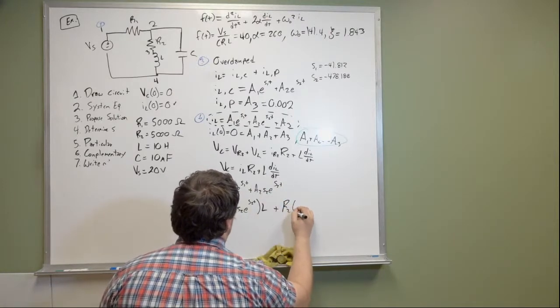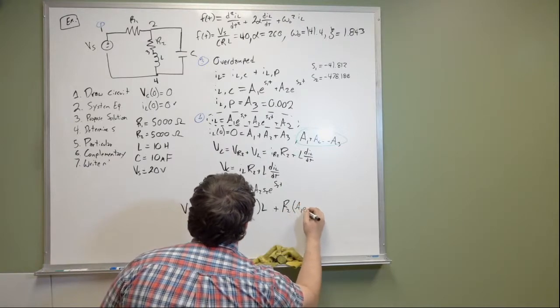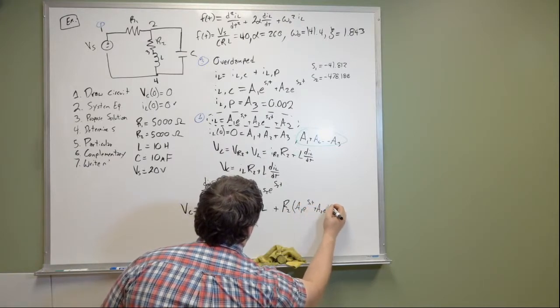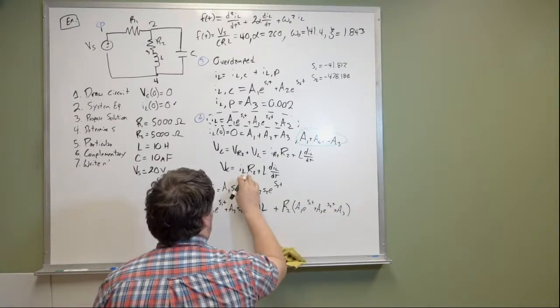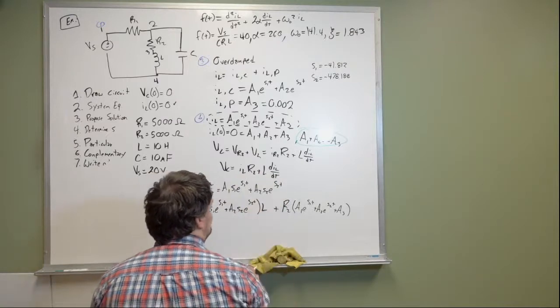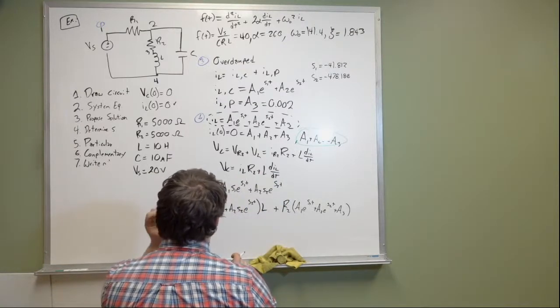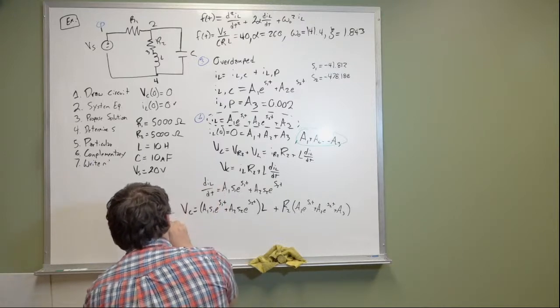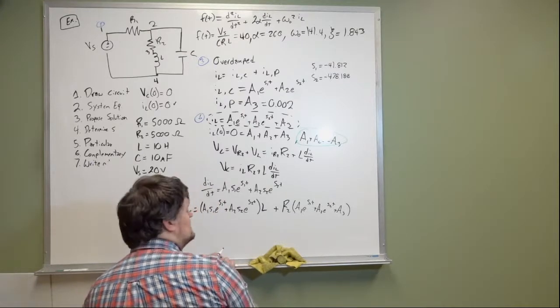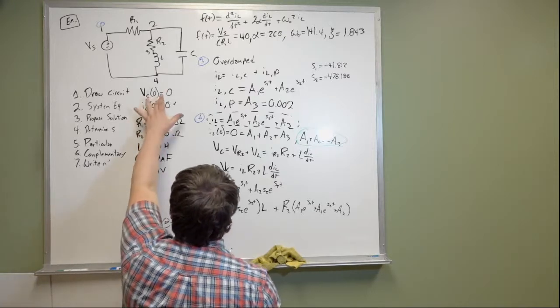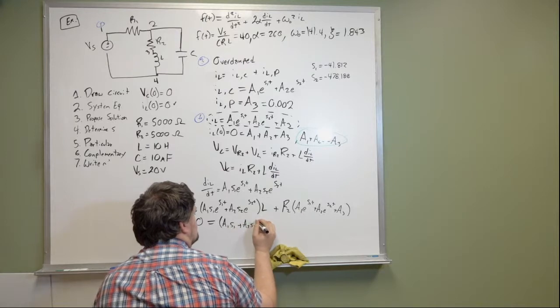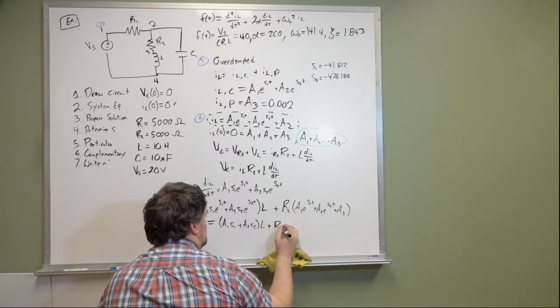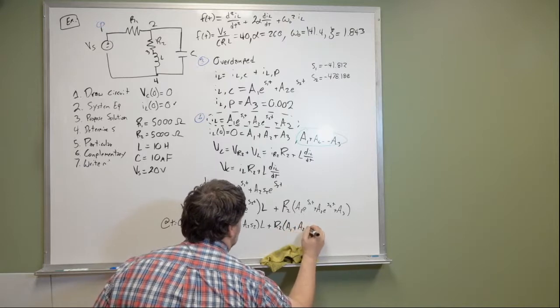And then R2 times A1 e to the S1t plus A2 e to the S2t plus A3. So this here is IL, this here is dIL dt. Okay, now we evaluate this at t equals 0. What we know is that VC at t equals 0 is 0 because that's the initial condition that we have. So this becomes 0 is equal to A1 S1 plus A2 S2 times L plus R2 times A1 plus A2 plus A3.